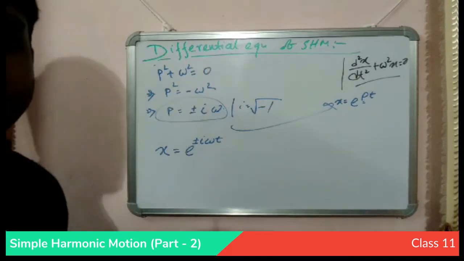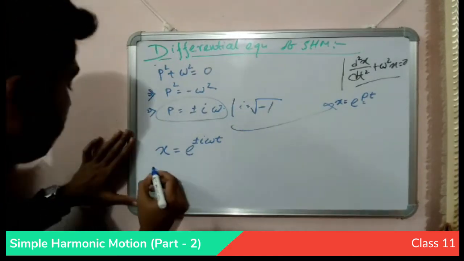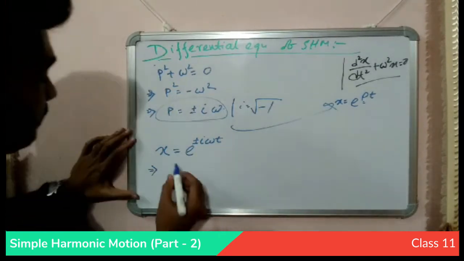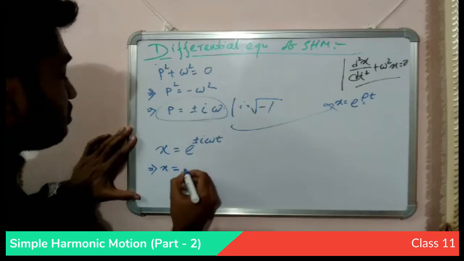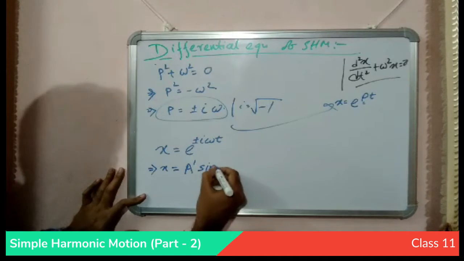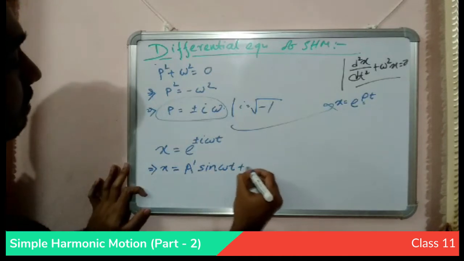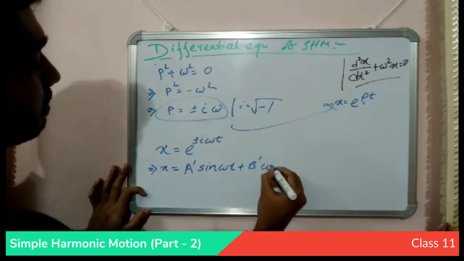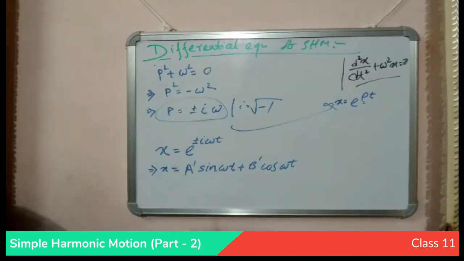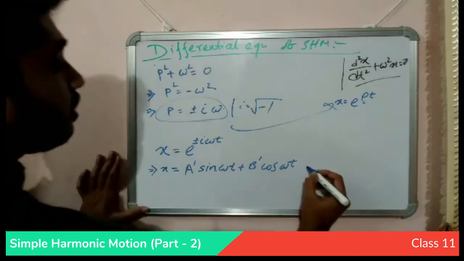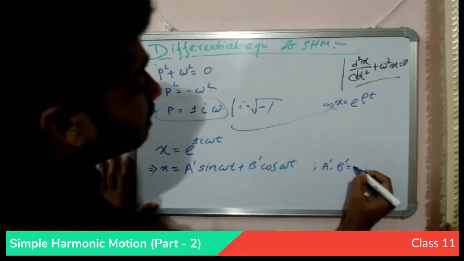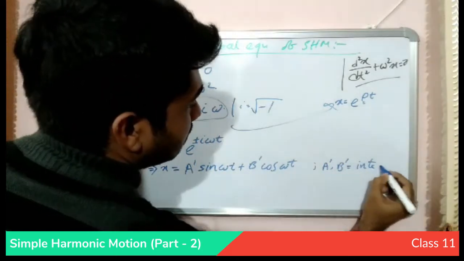Right? And there is a formula in your differentiation chapter, and you will come to know that this can be written as a prime sine omega t plus b prime cos omega t, where a prime and b prime are integral constants.